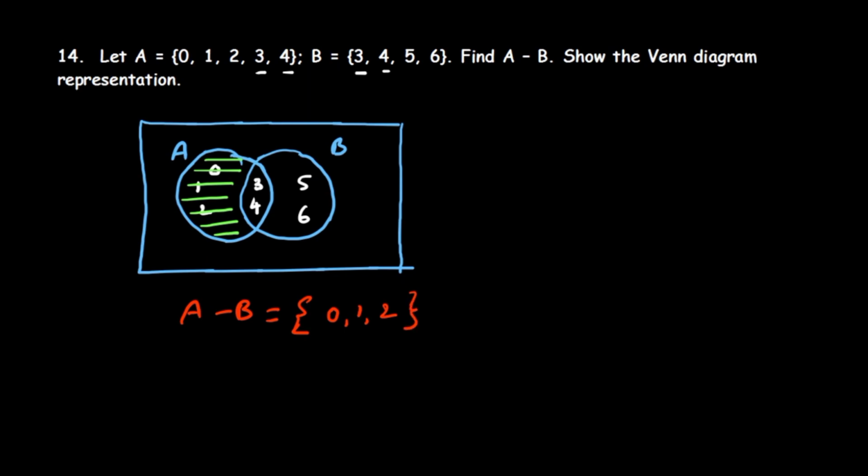So we have to find A minus B and show the Venn diagram representation, like this. Okay, the next question, can you tell me what is B minus A from this? Yes, that is 5, 6. And what is A intersection B from the same Venn diagram? That is 3, 4. And what is A union B? It's all together, 0, 1, 2, 3, 4, 5, 6 we can write. So whatever the question may be, the process is the same.